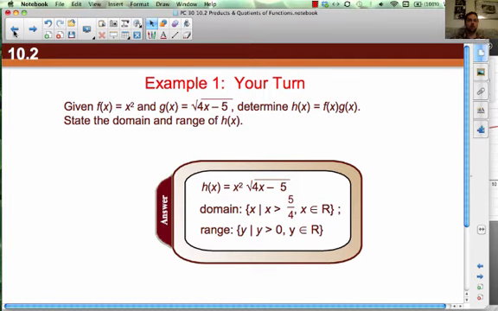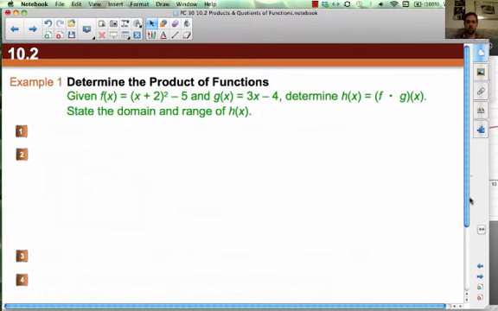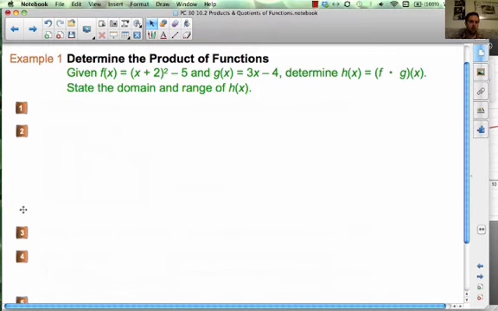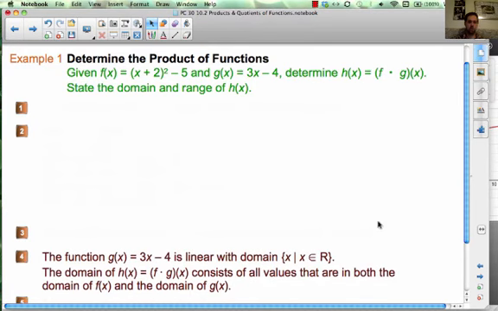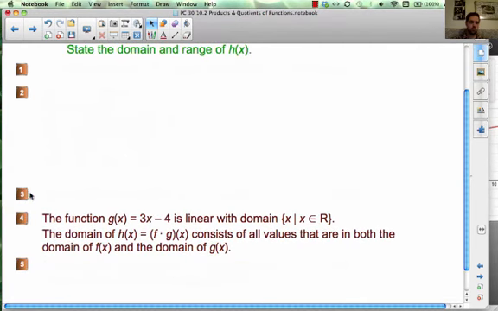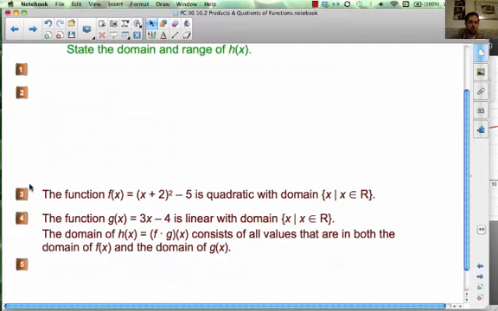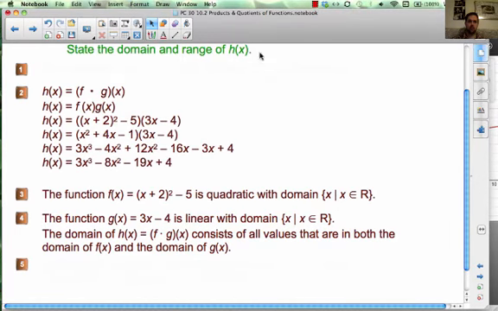Oh, and I forgot to state the domain and range of my last function. So let's go back. We had this as our new function right here.